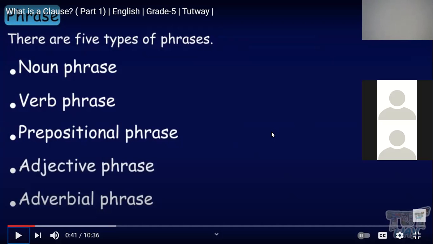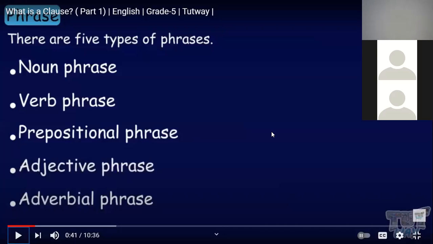And what are the prepositions? Like in, on, off. Great job. Thank you. Zaid, you got 1 mark, and Farid, you get 1 mark.